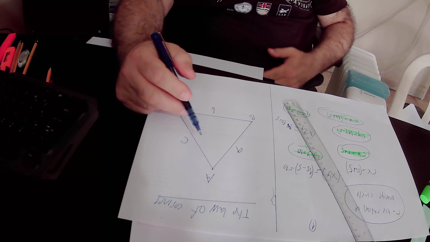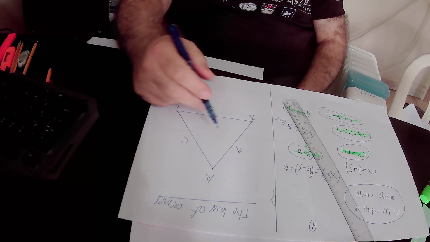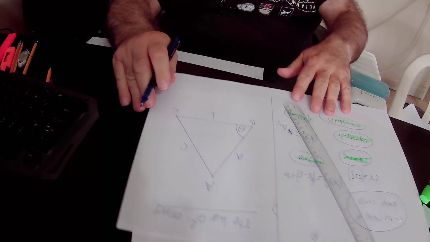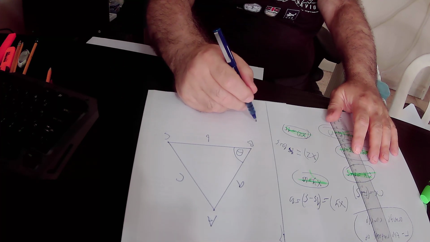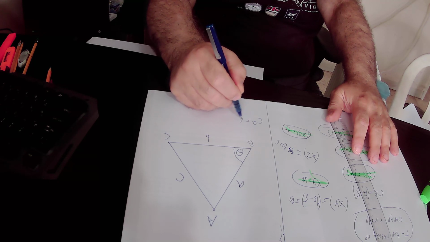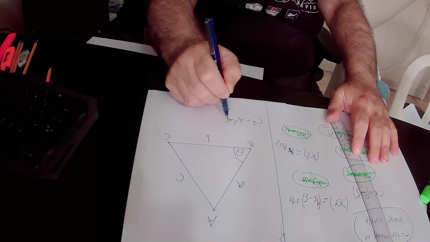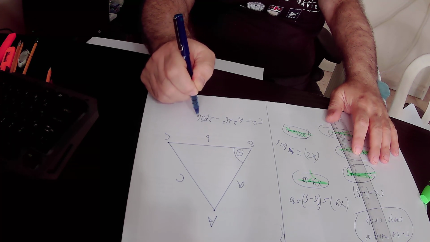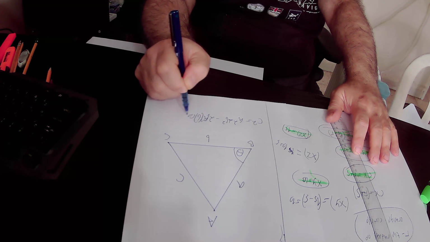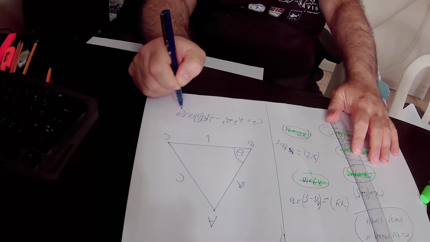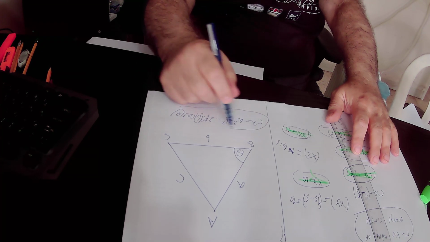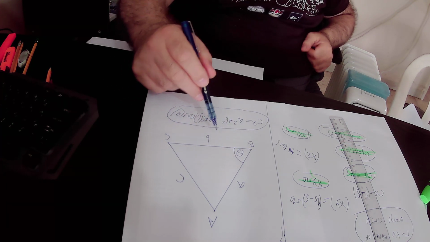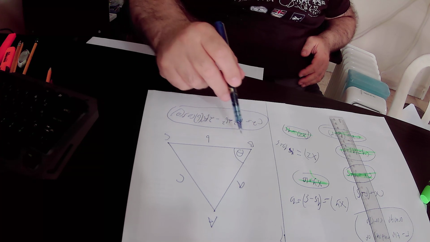The angle between side AB and side BC is angle theta. Then, according to the law of cosines, C squared will be equal to A squared plus B squared minus 2 times A times B times cosine theta. I repeat, in any triangle, C squared equals A squared plus B squared minus 2 times A times B times cosine theta.